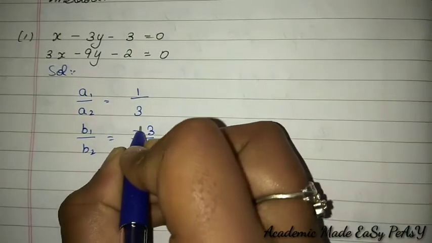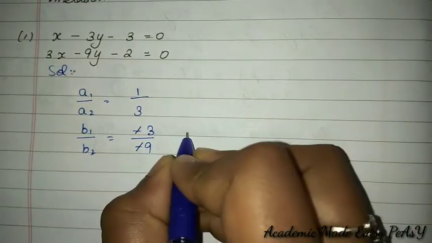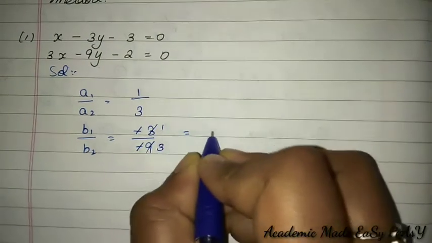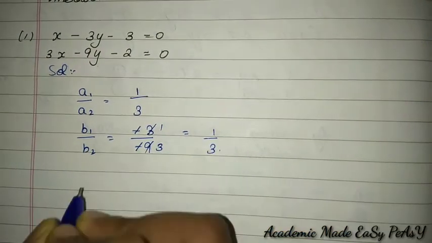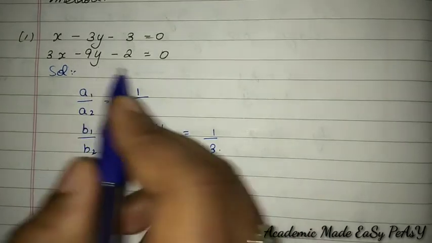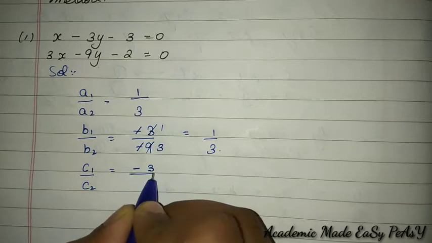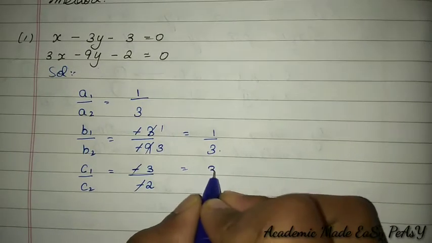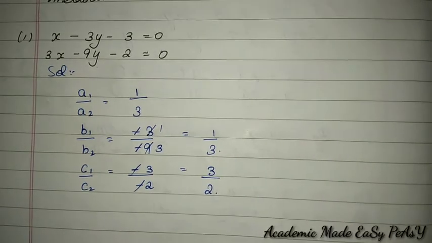I will be just cancelling the minus sign. So I will have 1 times 3 and 3 times 3 is 9, so 1 by 3. So next c1 by c2 is equal to minus 3 by minus 2. So my minus and minus will get cancelled. So this is 3 by 2.